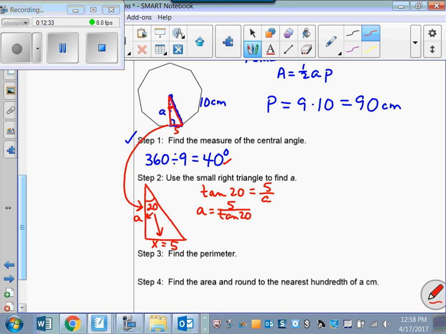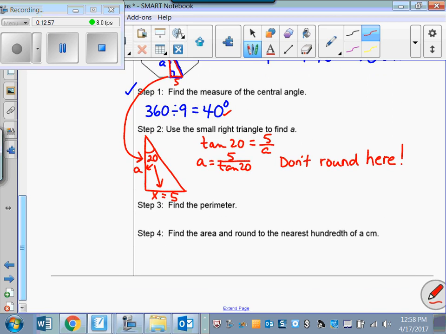Now, it's very important that you don't punch this into your calculator, 5 divided by tangent of 20, and round it off, because then you're going to round off again in the end, and pretty soon we've rounded off too many times. So don't round here. Just leave that as your apothem, 5 over tangent of 20, and then we'll plug that into our calculator in our final step.